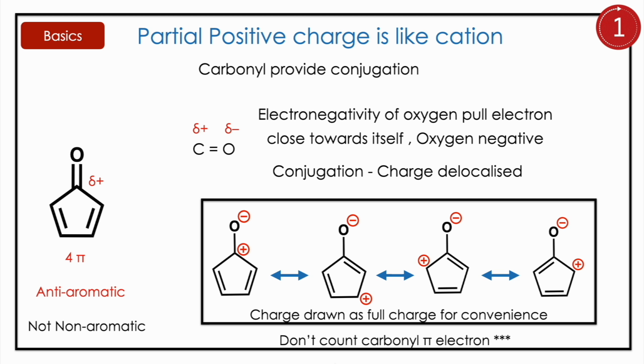If you look at it, here I have given cyclopentadiene. The carbonyl provides the partial positive charge. For understanding, I have written it as a full charge. Then delocalization goes on and provides the conjugation. So the compound is not non-aromatic, it is anti-aromatic due to the delocalization.